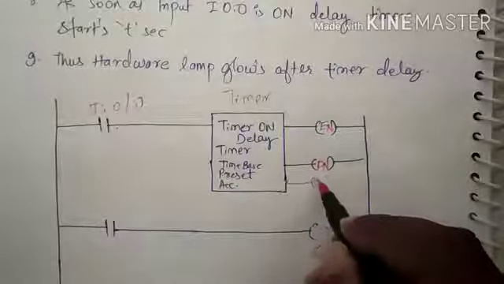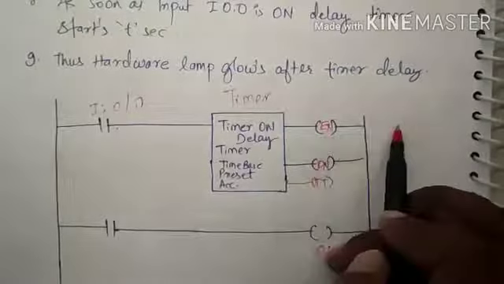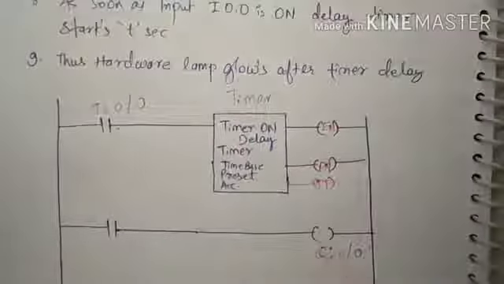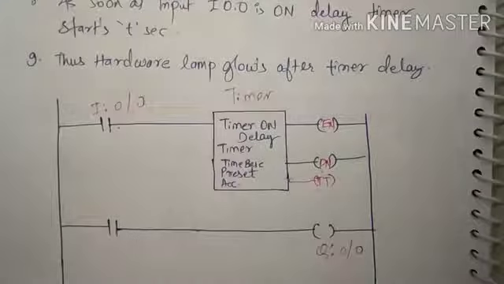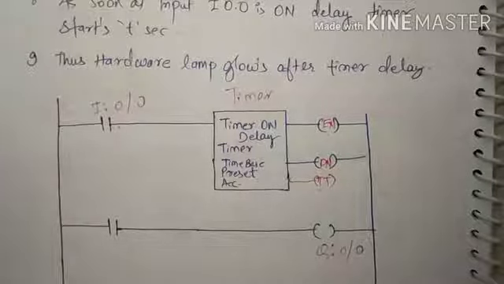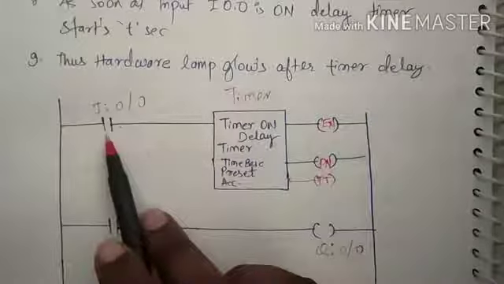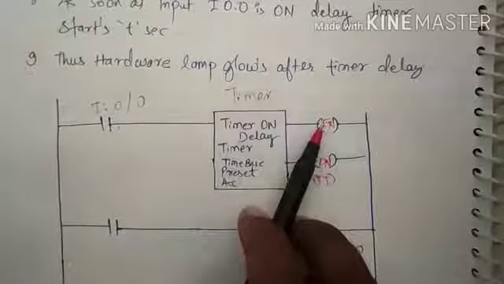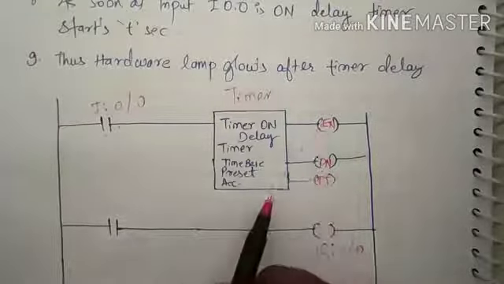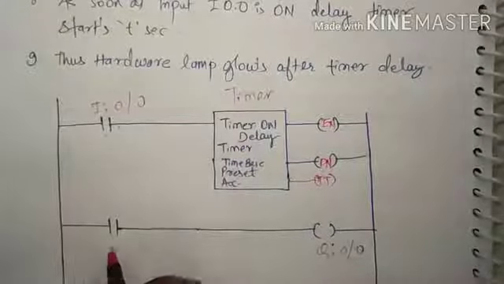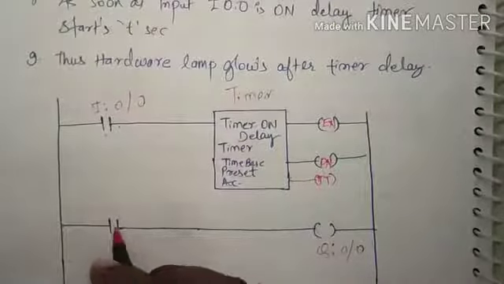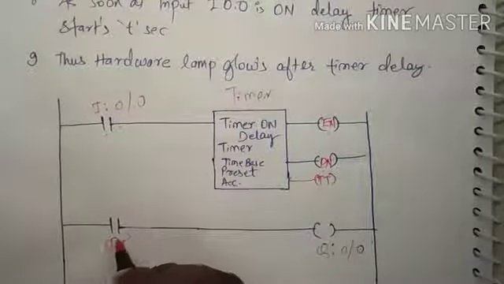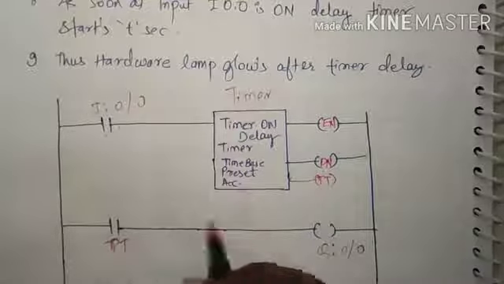EN stands for enable, DN stands for done, TT stands for timer timing. When I press this button and release it, the timer will start. Its enable bit will be activated, and the output TT's address will be given.